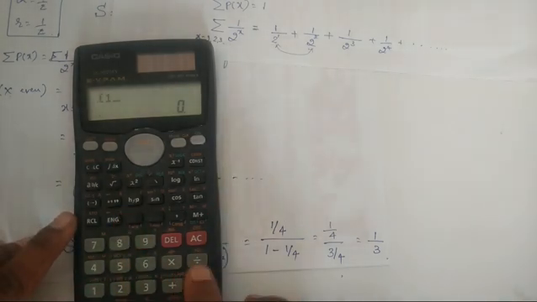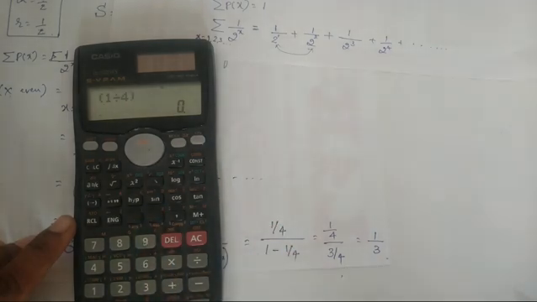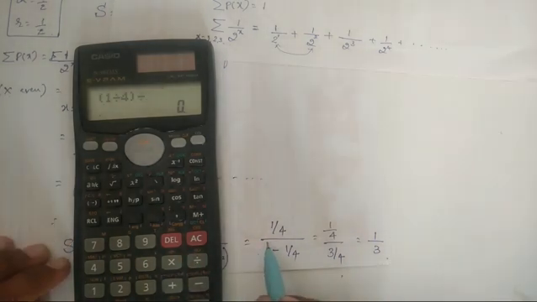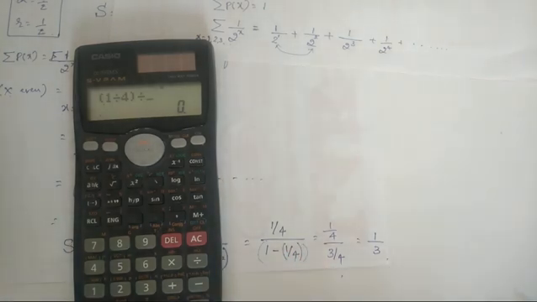So open the bracket, 1 divided by 4, close it. Okay, 1 divided by 4, this part is done, divided by, so I am putting a division here. Next, open a bracket for this and close a bracket for this. Within here also we are getting one more fraction, so we have to open a bracket and close a bracket.